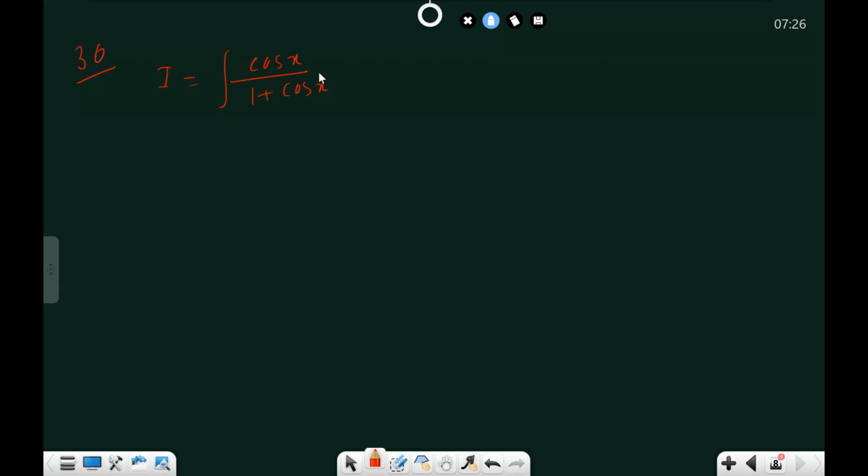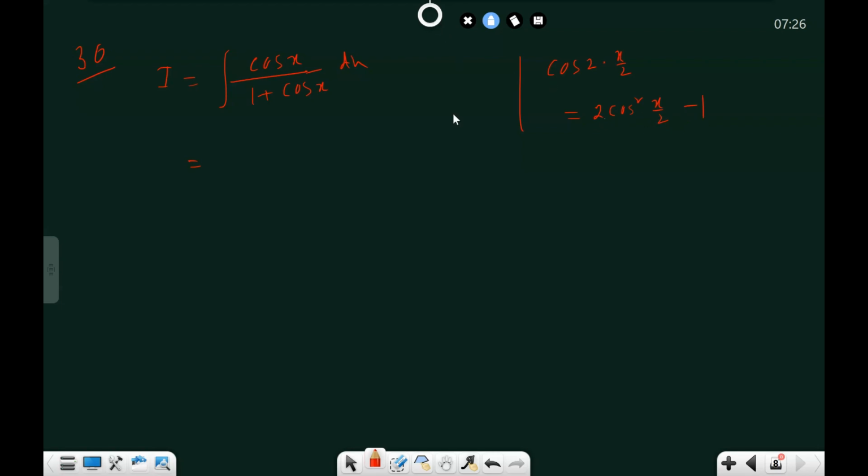Now the same concept I will use here. Consider the numerator. This cos x can be considered as cos of 2 times x by 2, and cos of 2x by 2 can be written as 2 cos square x by 2 minus 1.